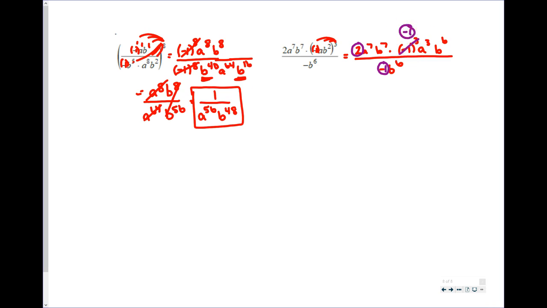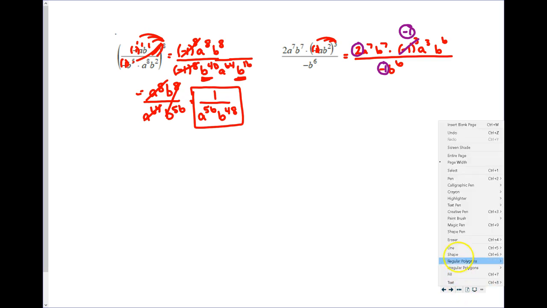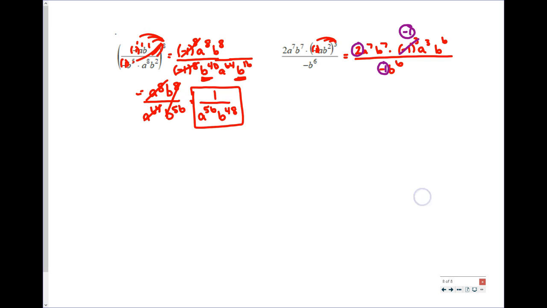So I like to cancel them out and just circle them all so I can kind of get a better idea. So on the top, I've got 2 times -1, which gives me -2. So boom, that math is done. On the bottom, I've got a -1. So there, that's done. On top as well, I have an a to the 7th and an a to the 3rd. That's going to give me a to the 10th, and then cross it off. Now I've got a b to the 7th and a b to the 6th.